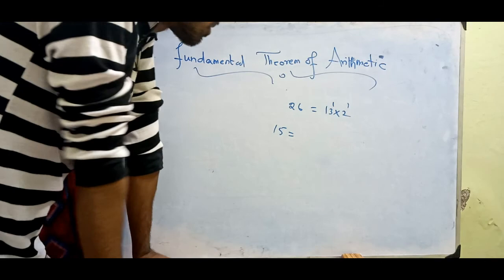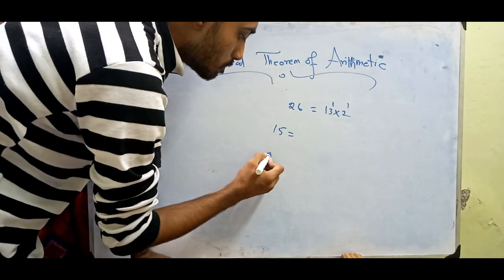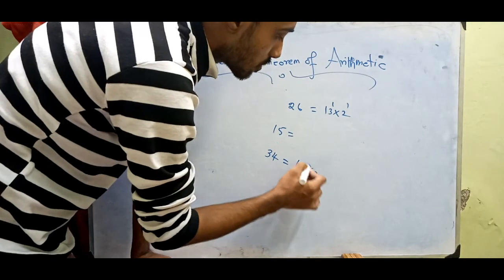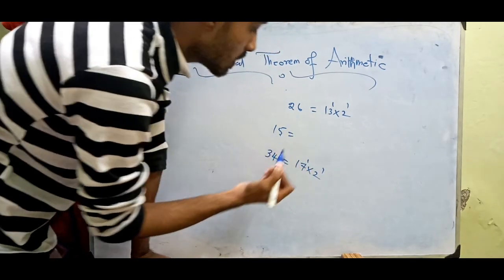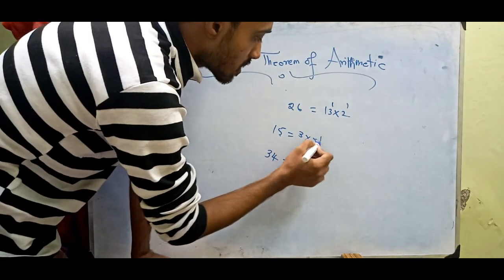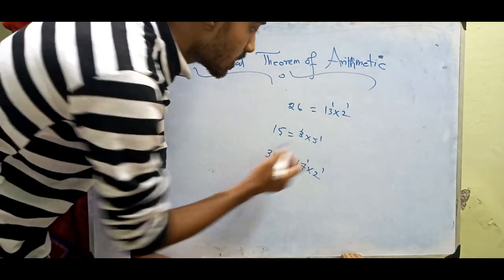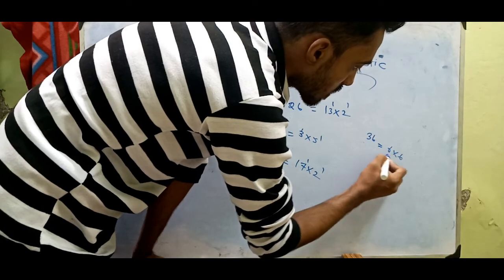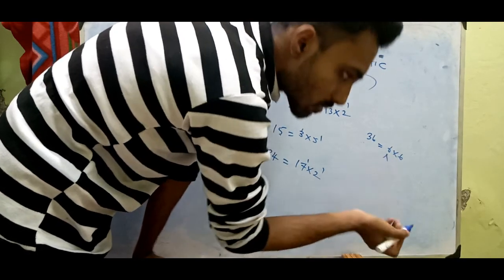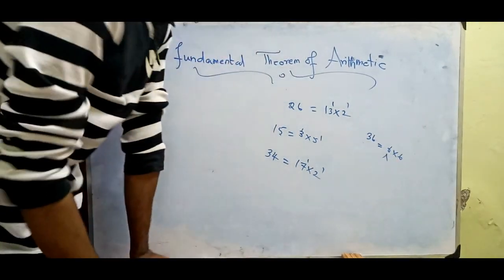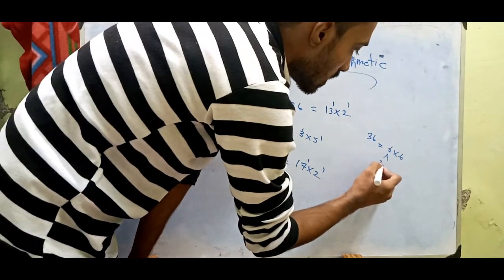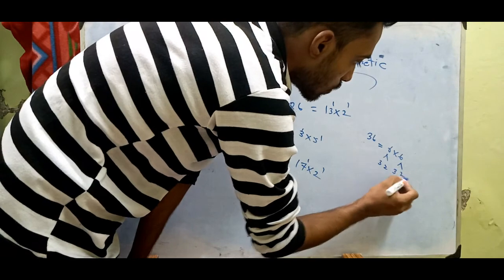Other things, let us take 34. 17 times 2 is 34, so power 1 and power 1. For 15, 3 times 5 is 15. Got it, right? Then what about 36 here? 36 is 6 times 6, and this 6 can be further written as 3 times 2, again 3 times 2.